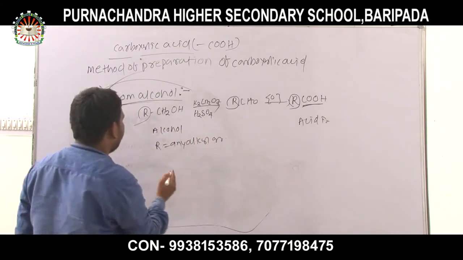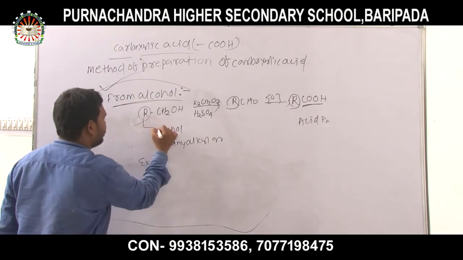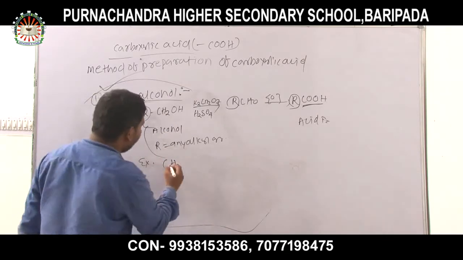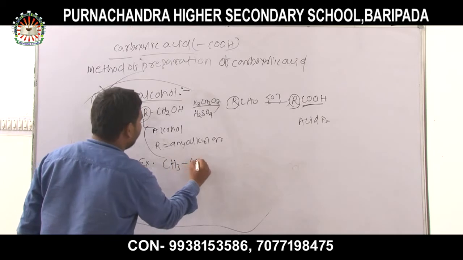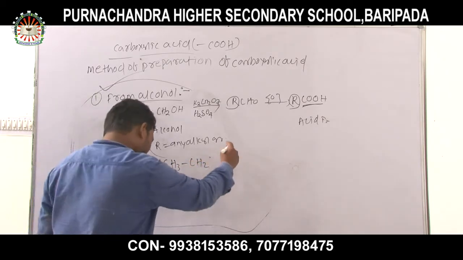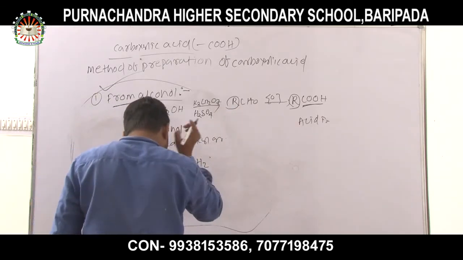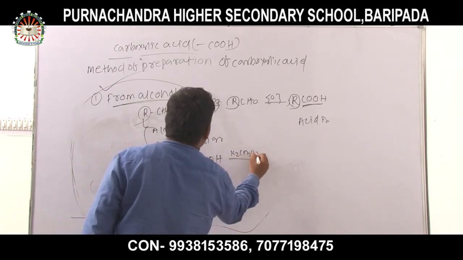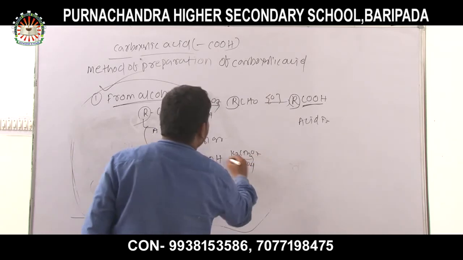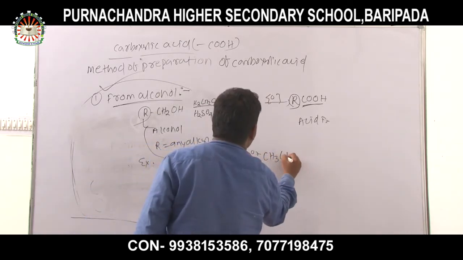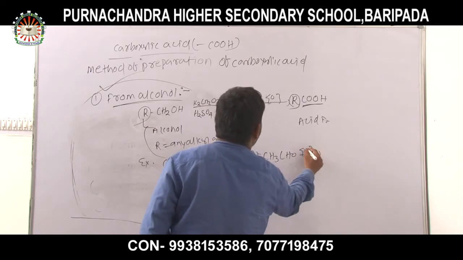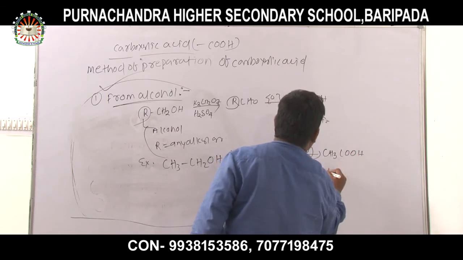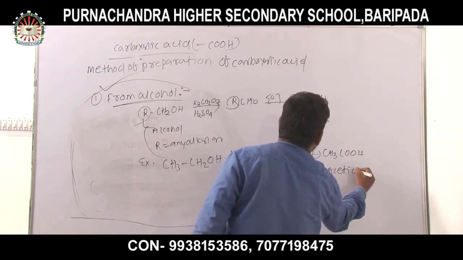For example, instead of R we can take any alkyl group, that is the methyl group: CH3CH2OH with K2Cr2O7 and H2SO4 undergoes oxidation, then CH3COOH, acetic acid, is formed.